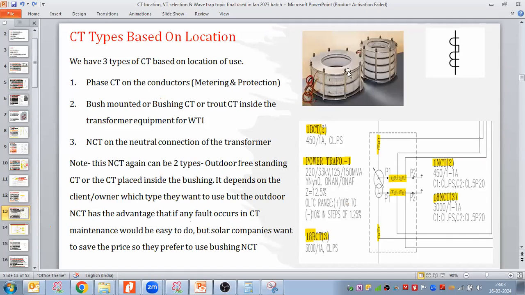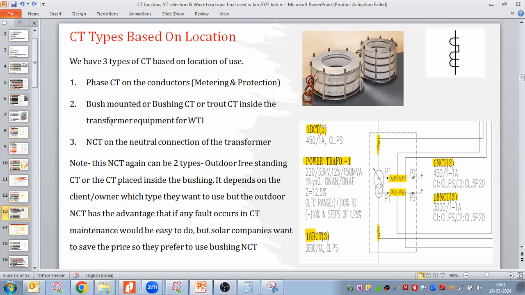Bush mounted CT, or bushing CT, or we can say turret CT, is placed inside the bushing. It could be placed inside the breaker if we have a dead tank circuit breaker, or it could be placed inside the transformer bushing also.